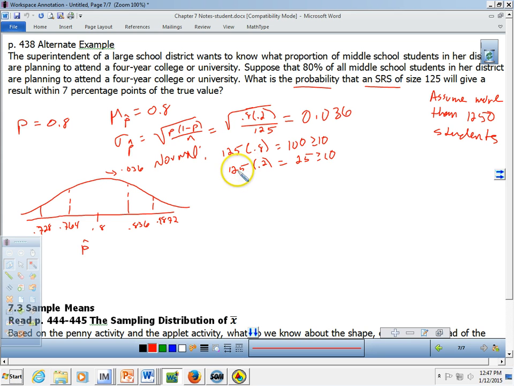Now, we want to be within 7 percentage points of the true value. The true value is 0.8. Within 7 percentage points means 7% this way, 7% this way.